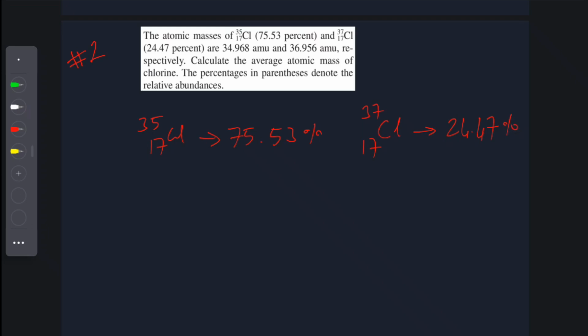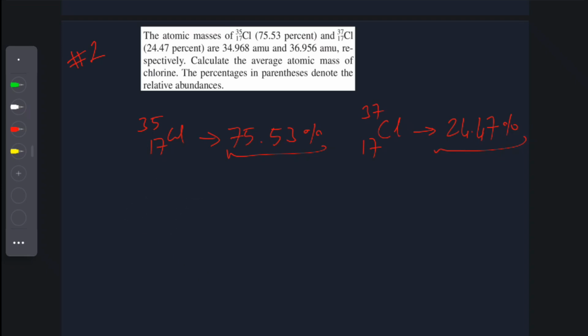The question asks for the average atomic mass of chlorine. So what is the average molar mass of chlorine? We have two isotopes, but we have to make the percent a ratio.